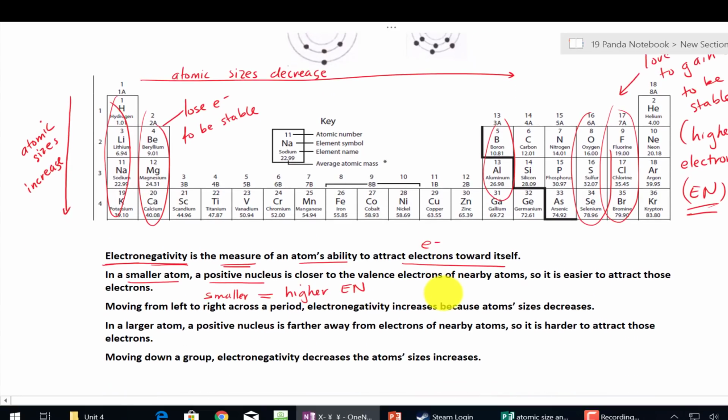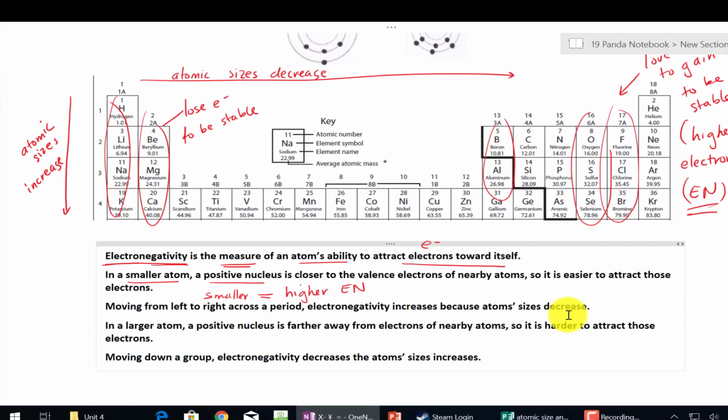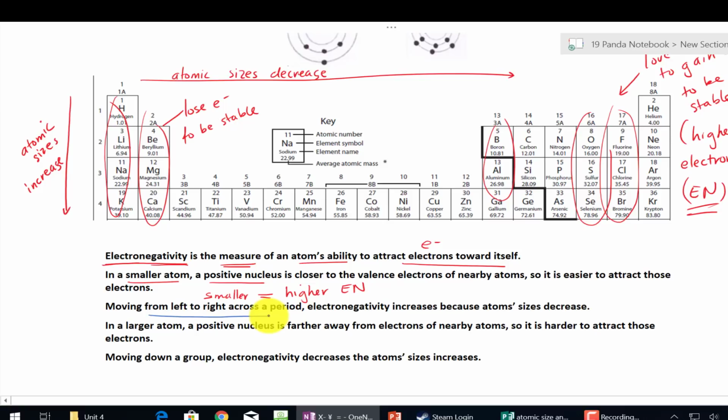So if we look at the periodic table, going from left to right across a period, the trend of electronegativity is the opposite of atomic size. Going from left to right across a period, electronegativity increases. And why is that? Well, that's because the atomic size decreases.